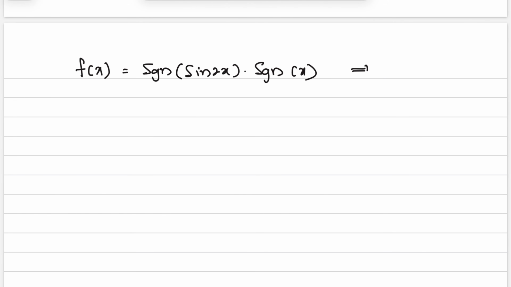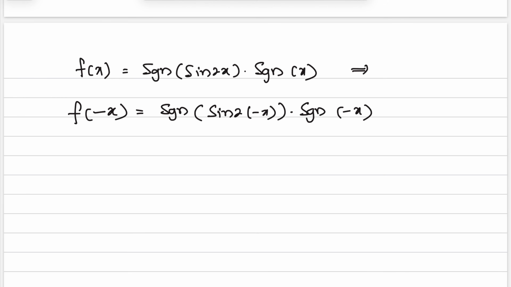Now, function x is given to us: signum sin 2x into signum x. Then what will be the value of function minus x? That will be signum sin 2 minus x into signum minus x.